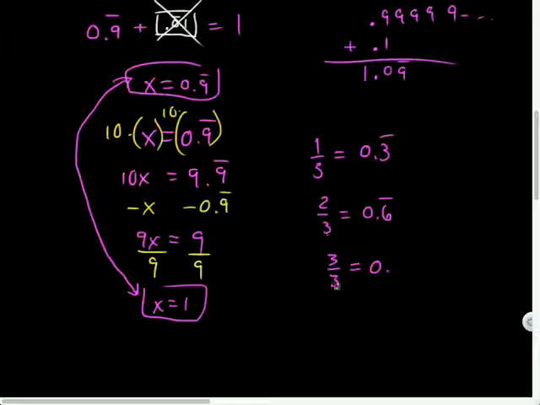So 2/3 plus 1/3 is 3/3. 0.3 repeating plus 0.6 repeating is 0.9 repeating. But what is 3 divided by 3? 1. That's not possible. It is. And what I'm saying here is this is exactly equal to 1. I'm not rounding up. It's exact.